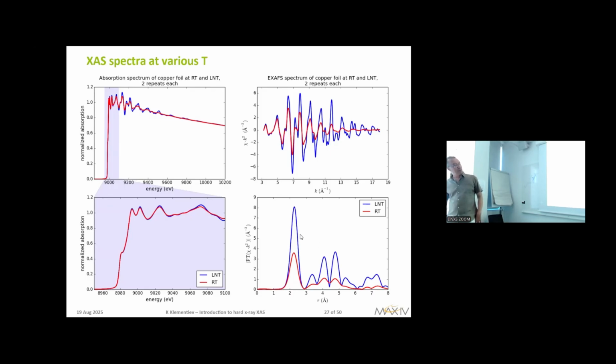Also, you can see it in Fourier space. So this is a good justification that you want to measure at low temperature. It's just spectroscopically more information rich. It's technically, of course, a complication, but still many people do it because it's better. If you can do it, do it.